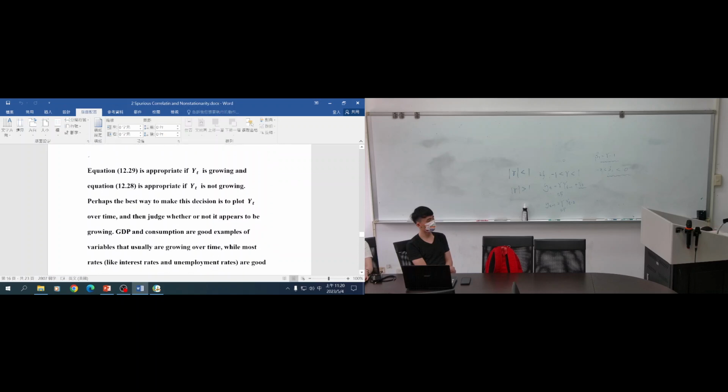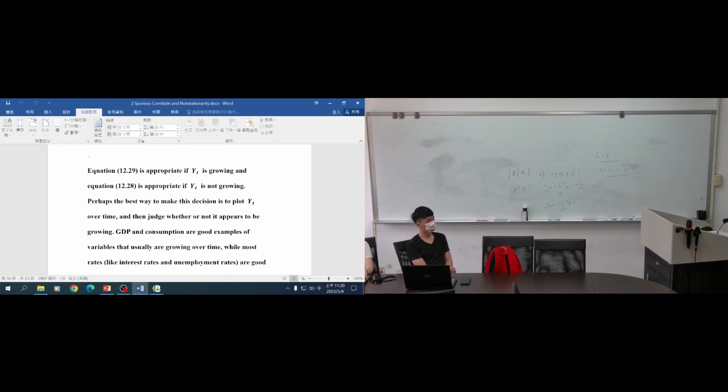So equation 12.29 is appropriate if Yt is growing, and equation 12.28 is appropriate if Yt is not growing. This is a guideline, right? Perhaps the best way to make this decision is to plot Yt over time first, and then judge whether or not it appears to be growing.